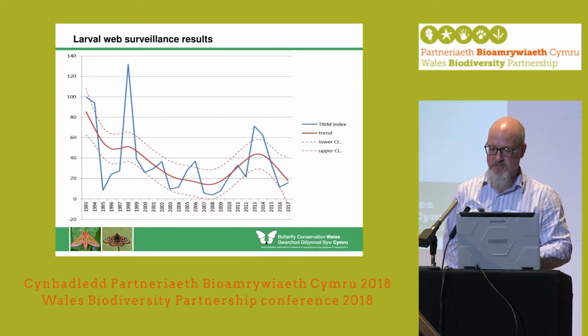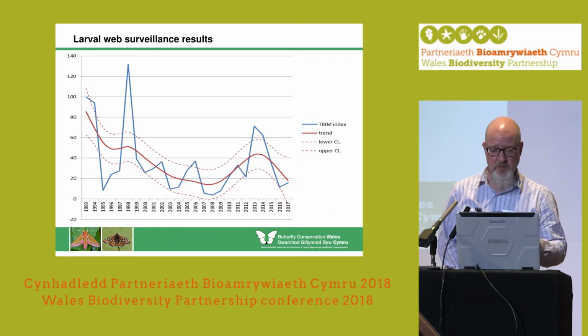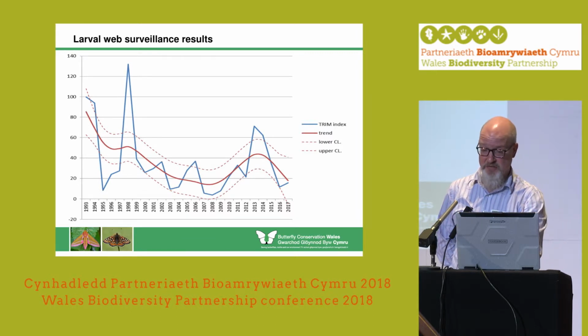The start and end date that you choose for those short-term trends actually has a massive impact on what the actual short-term trend is. So if you just think of dividing that red line up into 10-year sections, the blue line up into 10-year sections, you'll get quite a different trend in just a 10-year period, which is why these long data runs are really, really important to understand what the actual trend is for invertebrates like butterflies.